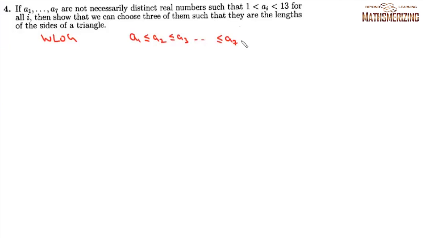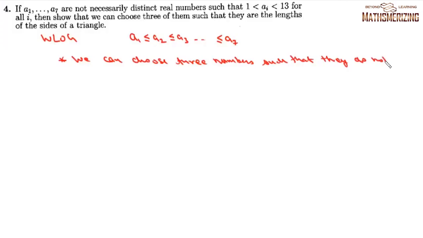So what we'll assume is, we can choose three numbers such that they do not form a triangle.